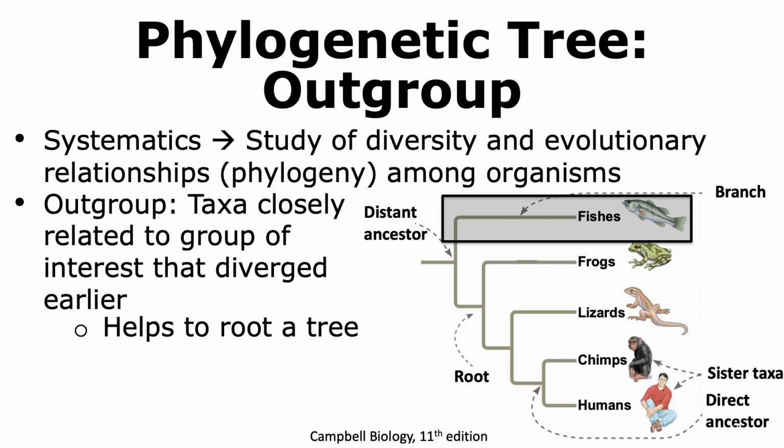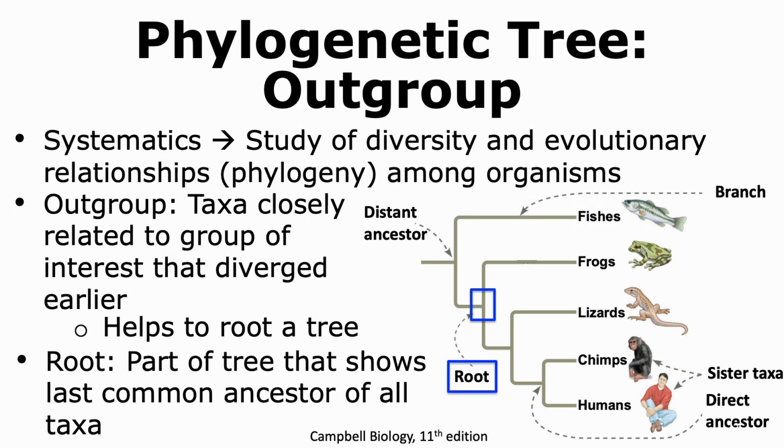The outgroup allows us to root a tree. And in this instance, the root is going to be the part of the tree that shows the last common ancestor of all the taxa that we are interested in, which in this case were the frogs, the lizards, the chimps, and the humans.